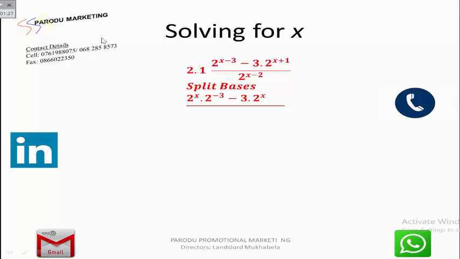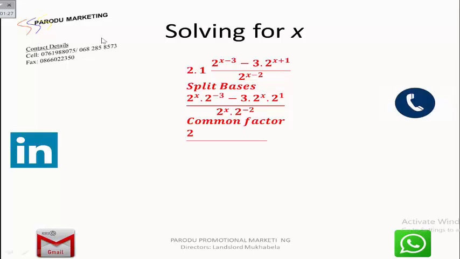So it's 3 to the power of 2, and then you have 2 to the power of 1. And then you go down where you'll have your 2 to the power of x times 2 to the power of negative 2. Once you have done this, then you will look at the common factor. Now, when you look for a common factor, look at the equation above.